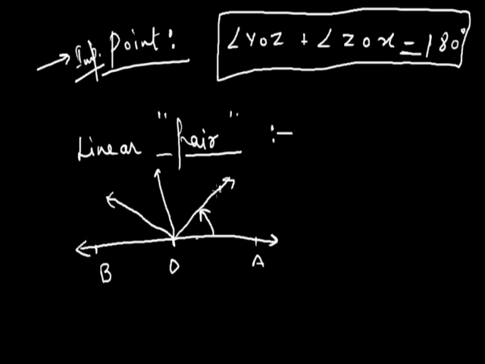For example, the first angle is angle OAX, the second angle is angle XOY, the third angle is angle YOZ, and the fourth angle is angle ZOB. So the sum of all these four angles is also 180 degrees, but these four angles are not termed a linear pair, because in a linear pair there are only two angles.